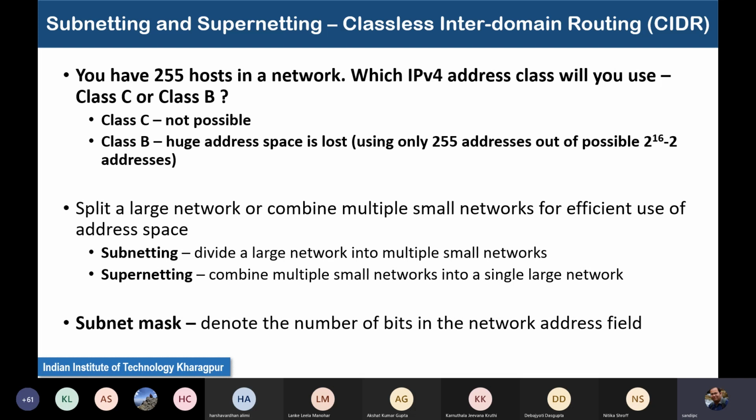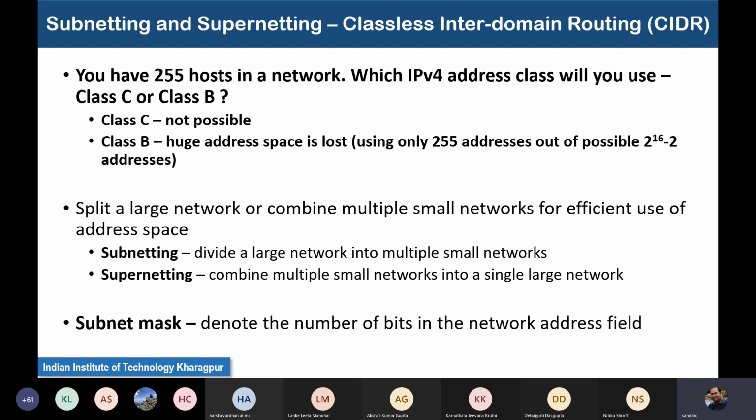So what NIXI will do, rather than giving you the full class B block, is break the class B block into multiple smaller blocks and provide one such small block to you. That way you can divide a large network into multiple small networks, or the other way is also possible.